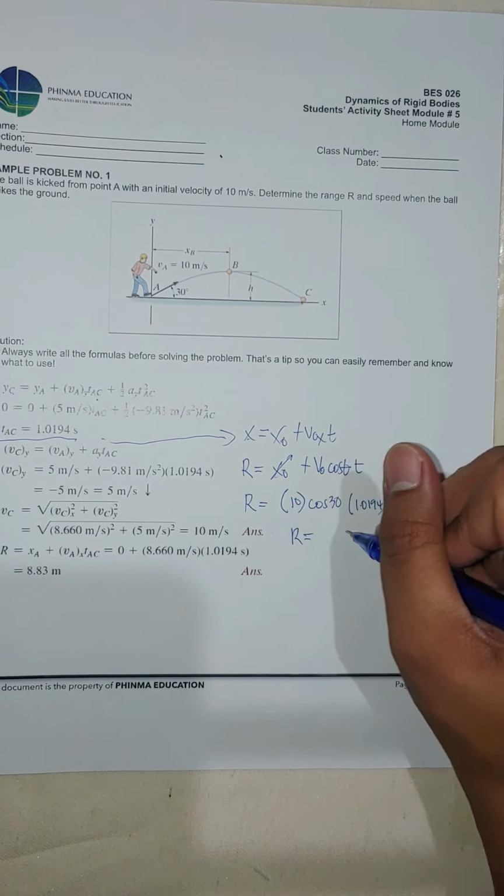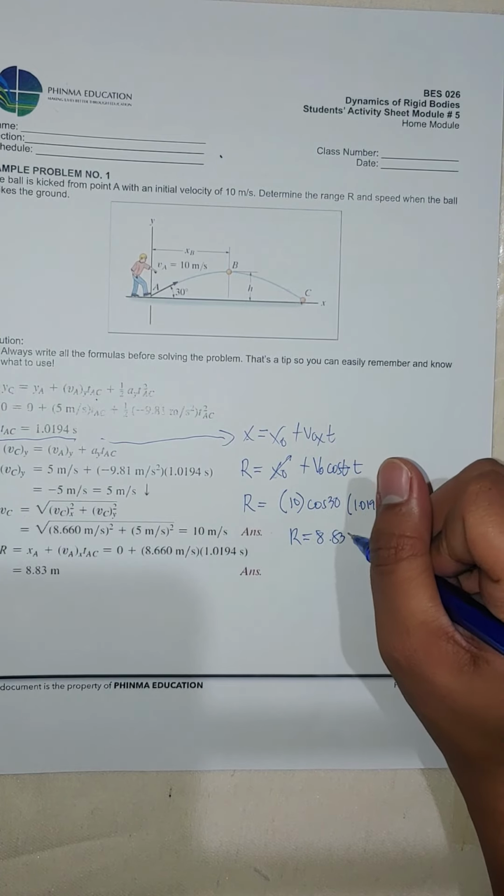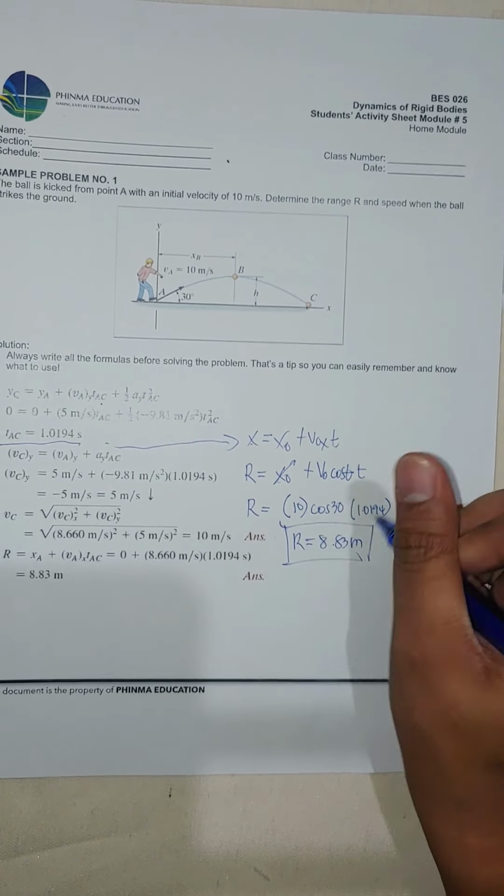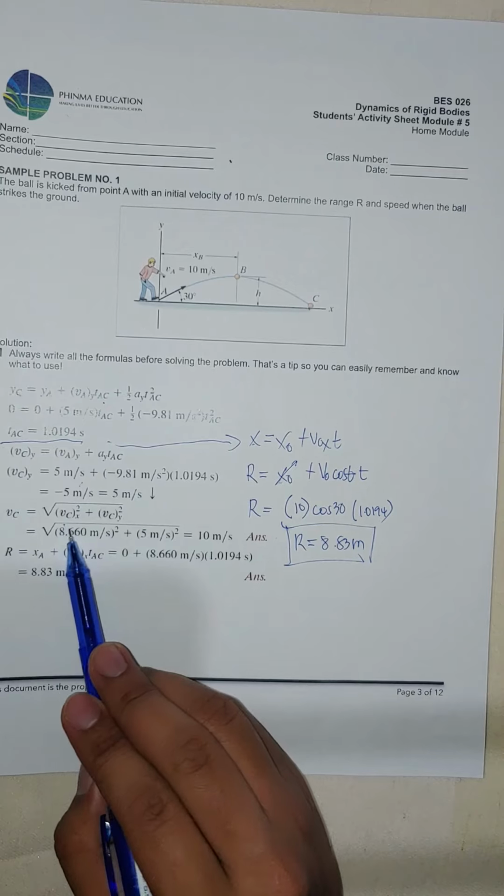Then we get that R is equal to 8.83 meters.